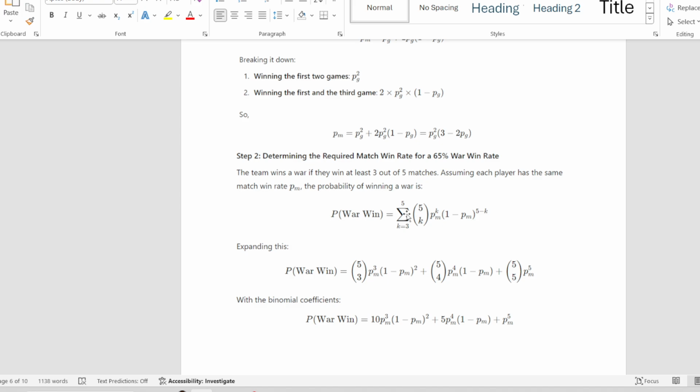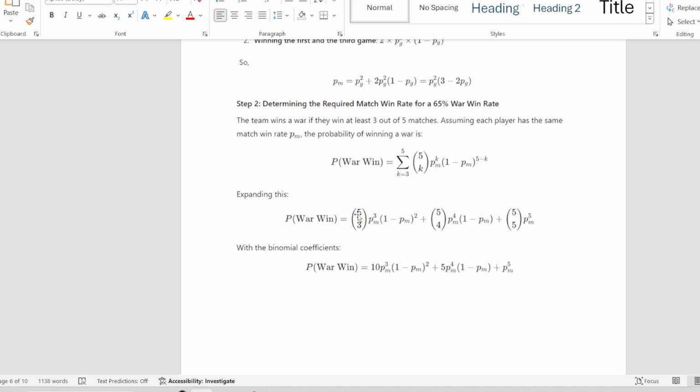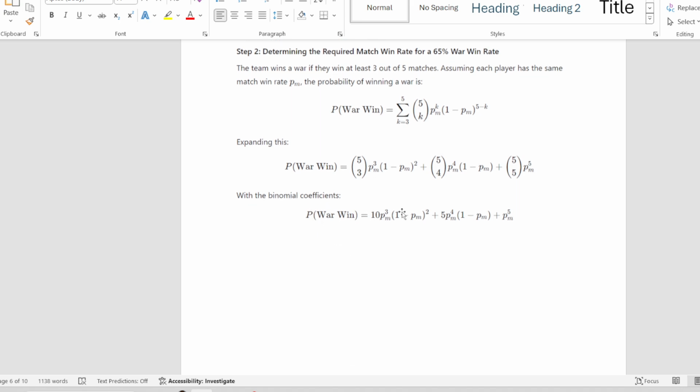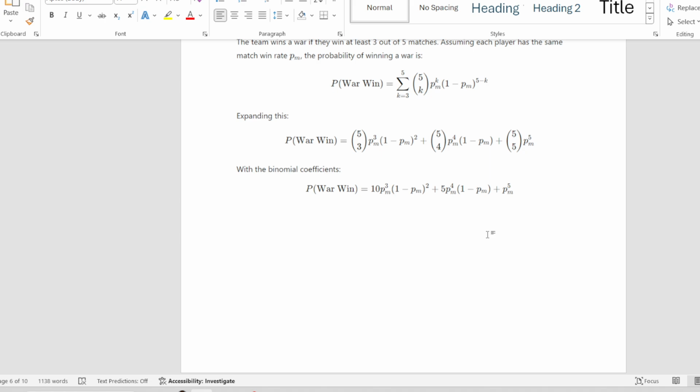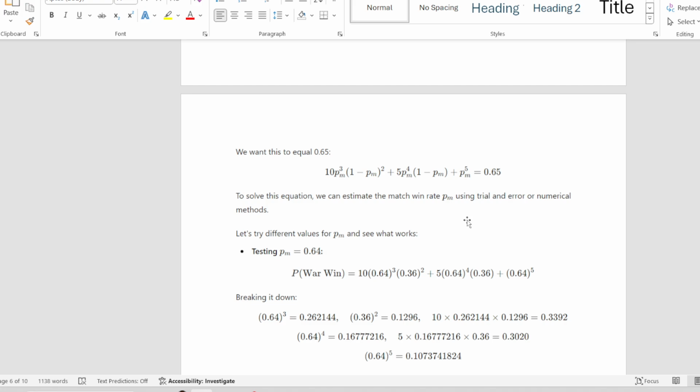It's going to be 5v5, so there's less variability. We're going to solve for P sub M at this point. This is what the sum is expanded: if you win 3 out of 5, 4 out of 5, 5 out of 5, and so forth, with the binomial coefficients. And we want this to equal 0.65 or 65%.